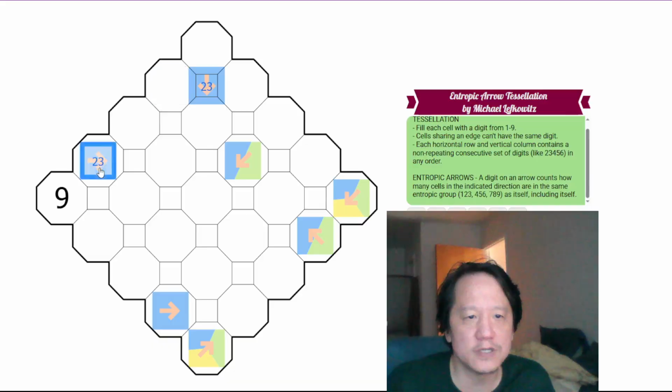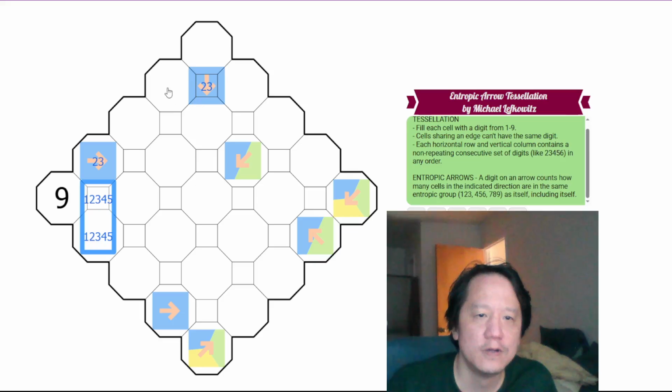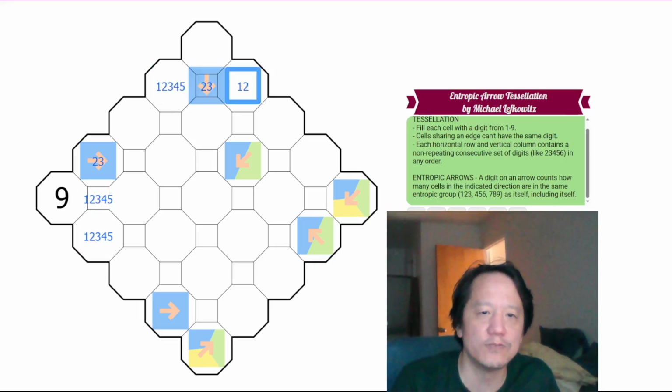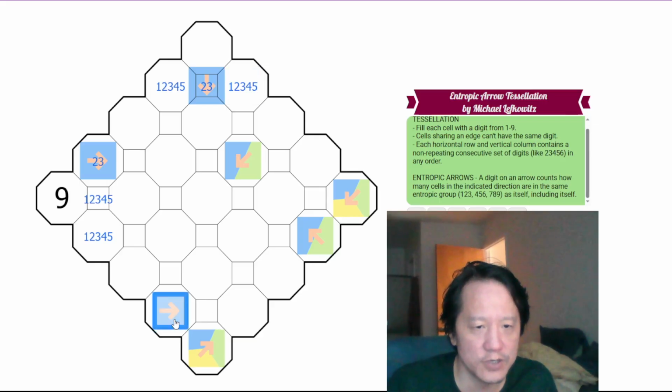So these digits have to be 1, 2, 3, or 4 as possible. I guess this could go up to 5, really. So we could have 1 through 5 here, and 1 through 5 here, and 1 through 5 here. This similarly still can't be 1, so it could be 2 or 3 here.